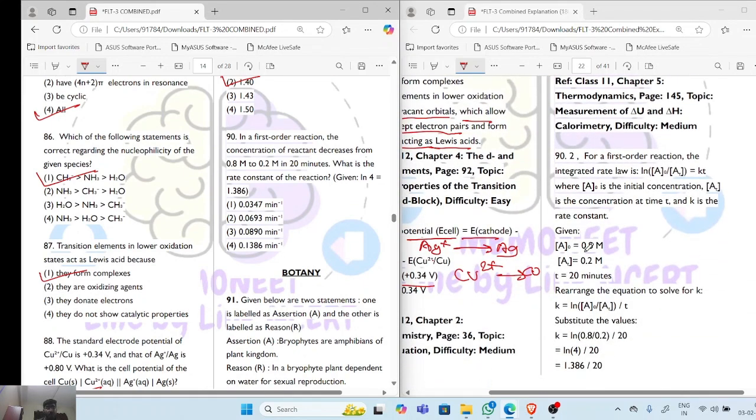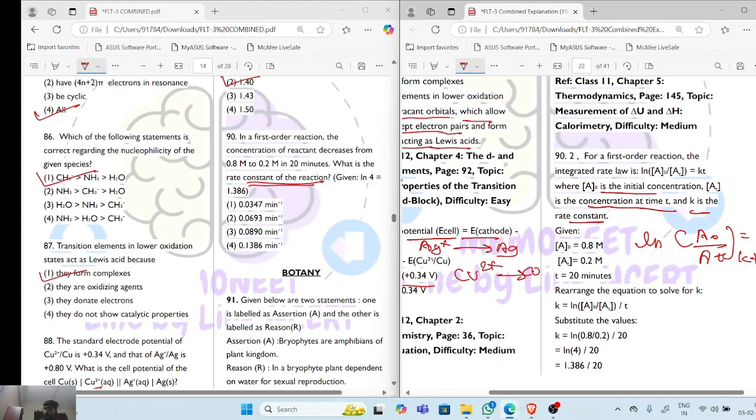Now comes to the last question, question number 90. In a first order reaction, the concentration of reactant decreases from 0.8 molal to 0.2 molal in 20 minutes. What is the rate constant of the reaction? For a first order reaction, the integrated rate law is ln of A naught divided by At equals Kt, where A naught is the initial concentration, At is the concentration at time t, and K is the rate constant.